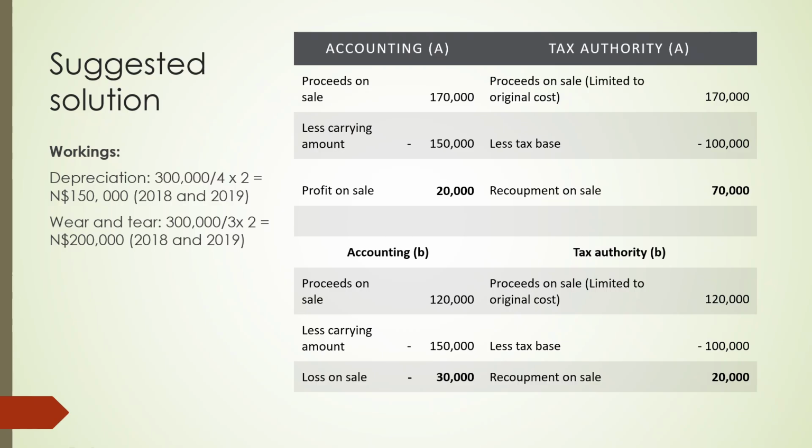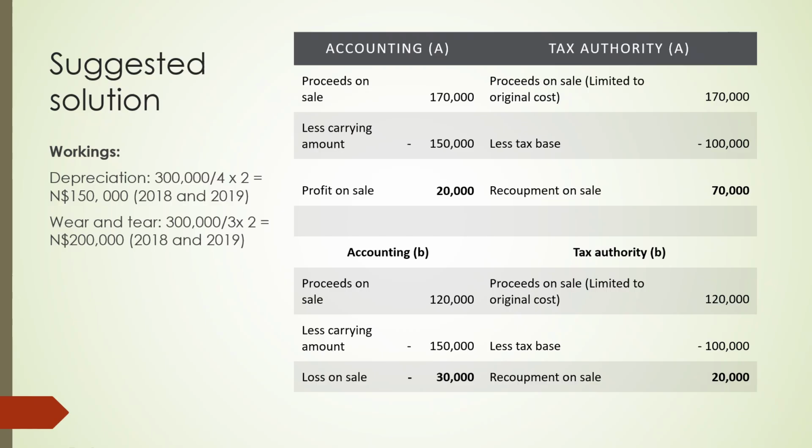To determine the tax base of the asset, we take the cost price of 300,000 and subtract accumulated wear and tear. The wear and tear is calculated as 100,000 per annum. That was 300,000 divided by 3, which equals 100,000 per annum. Over 2 years, the accumulated wear and tear is 200,000 at the end of 2019.